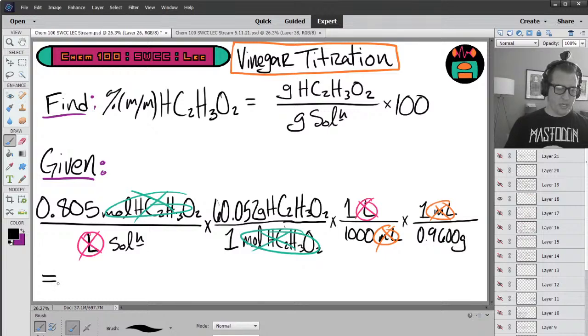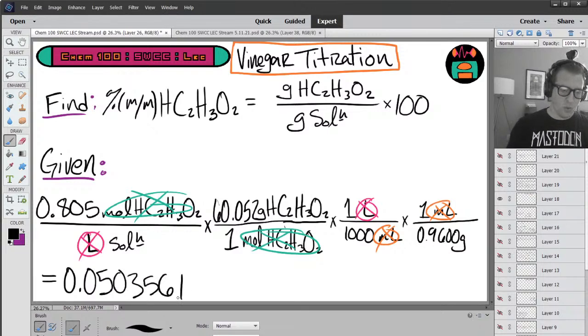So we have 0.805 times 60.052 divided by 1,000 divided by 0.96. Comes out to be, let's see, we're going to be limited to 3 sig figs, 0.503561.